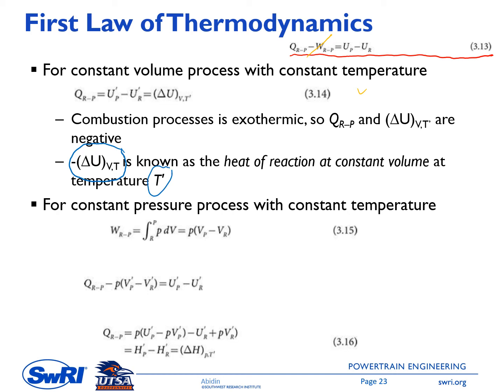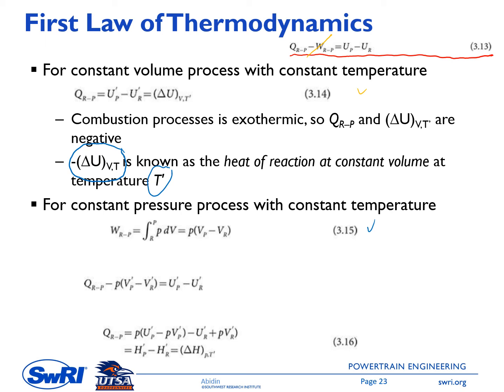Okay, and then for a constant pressure process with constant temperature, work is not zero anymore. In this case, we have equation 3.15 for the formula of work: P times dV, where dV here is Vp minus Vr.